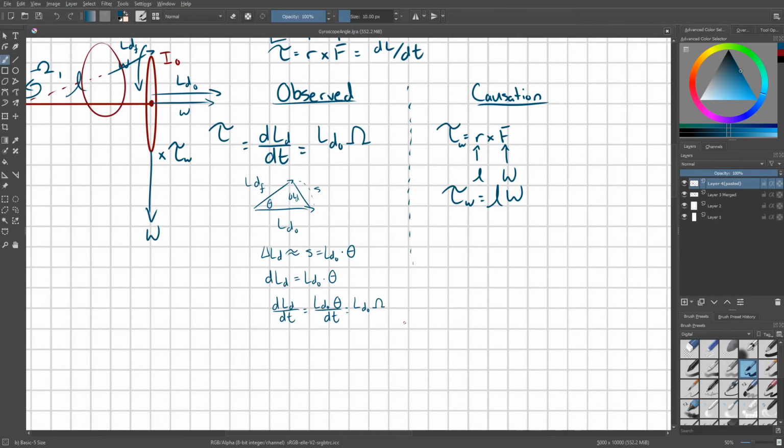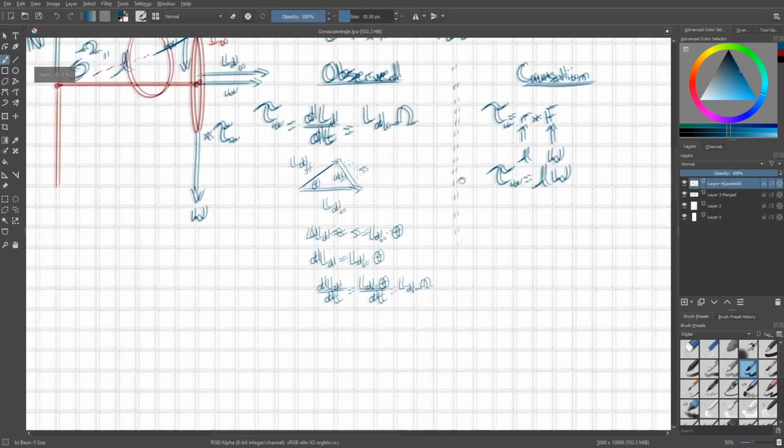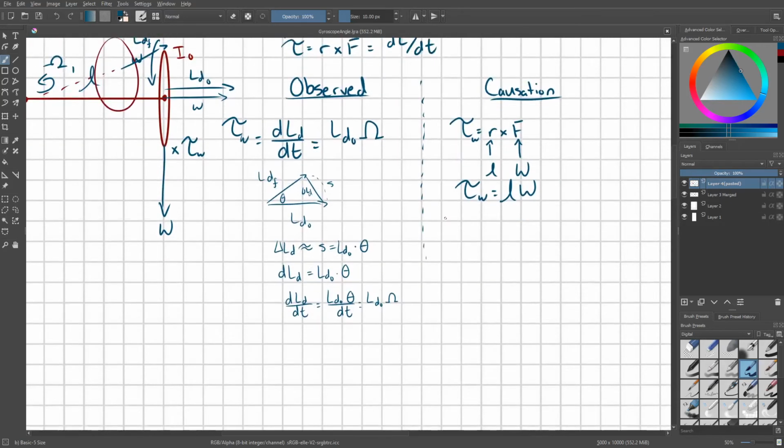All right, now we've got the tools. We've got one torque, which we've realized is really T_W. And we've concluded from observation that it is L_D naught times this big omega. And we've got our other causation that is caused by gravity.